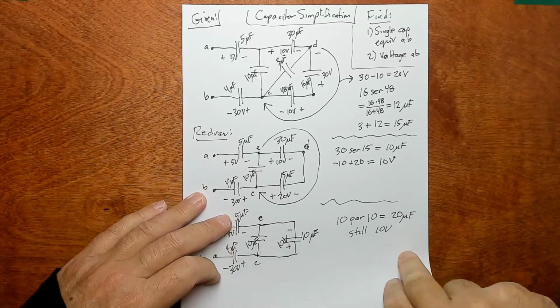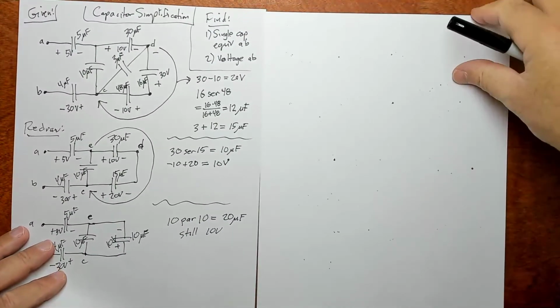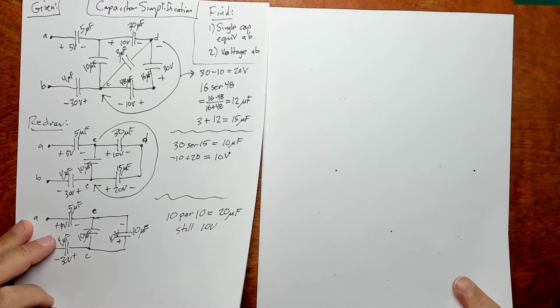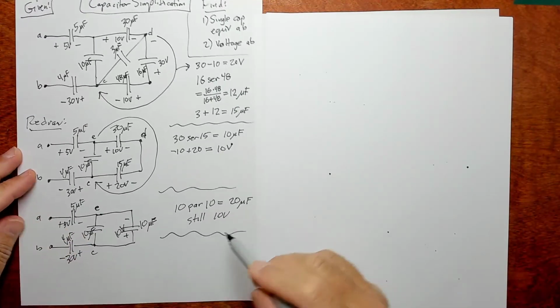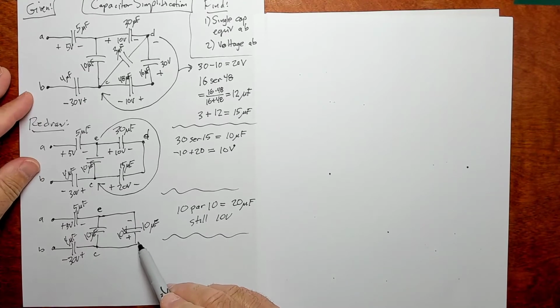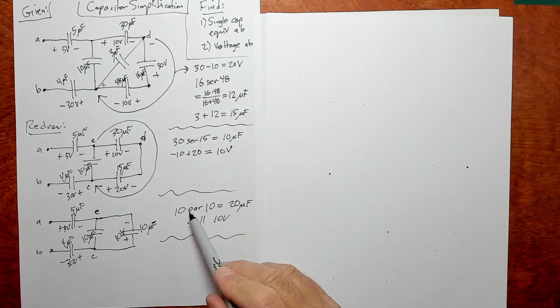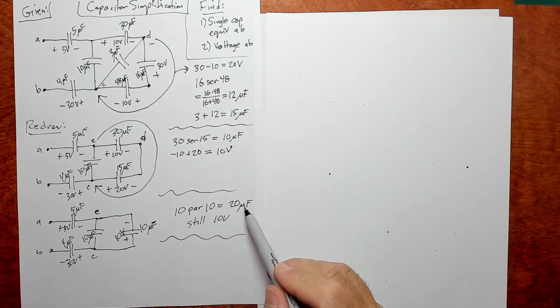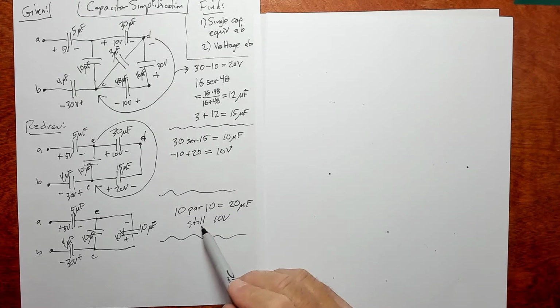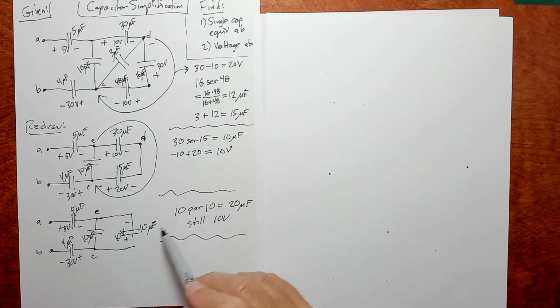All right, what's next? Well, these two are in parallel with each other. So we just added them together and simplified that down to 20 microfarad, but it's still 10 volts. So let's redraw with this simplification that we did right here.